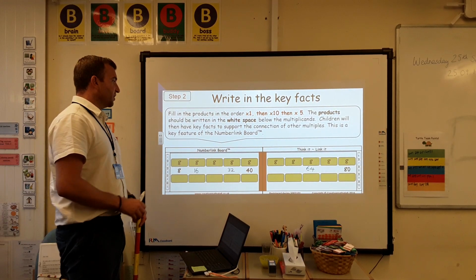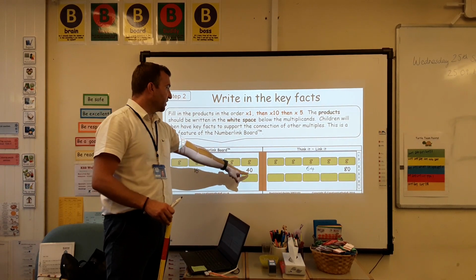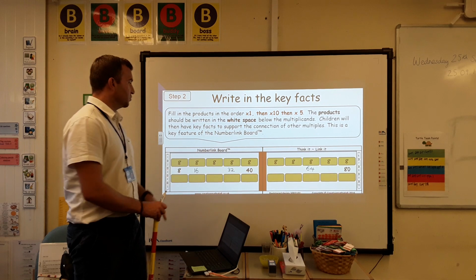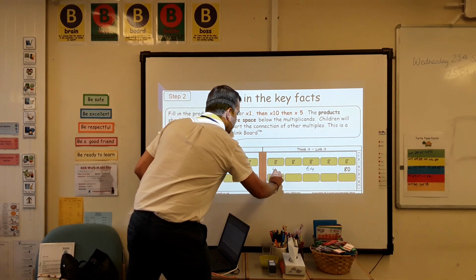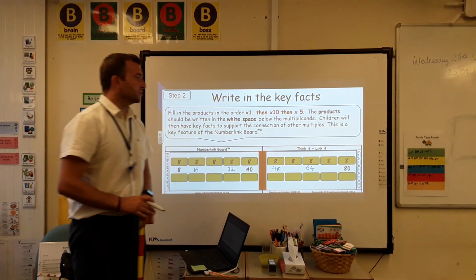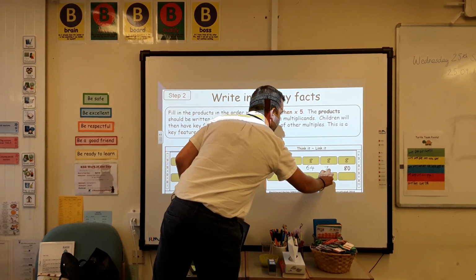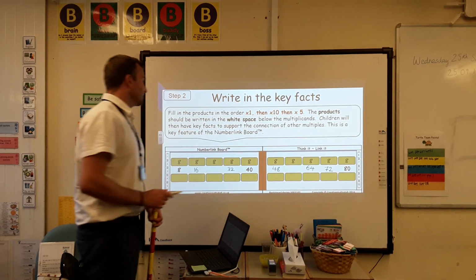So where to go from here? We know that this is 5 lots, so 6 lots would be 5 lots plus 1 lot, which would be 48. The 9 lots you can do by counting back: if you've got 80, take away 1 lot, which would be 72.